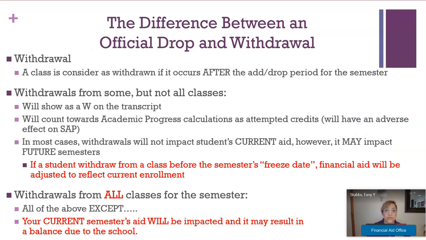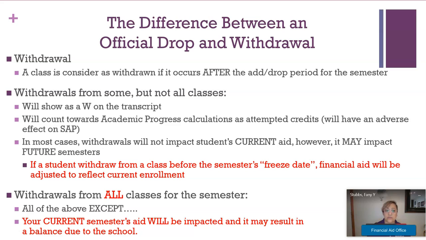The difference between official drop and withdrawal. This is a continuation. A class is considered withdrawn if it occurs after the add/drop period for the semester. Withdrawals from some, but not all classes will show as a W on your transcript, will count towards your academic progress calculations as attempted credits, and will have an adverse effect on your satisfactory academic progress.